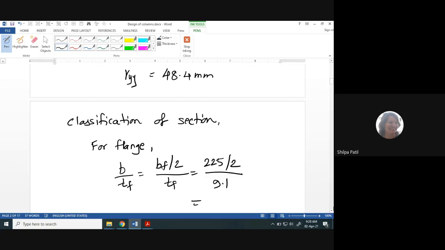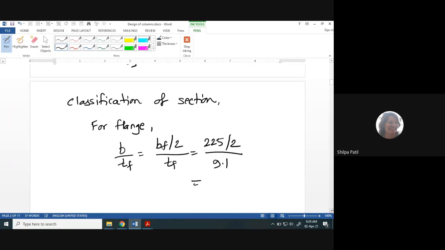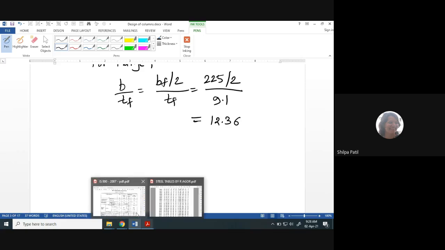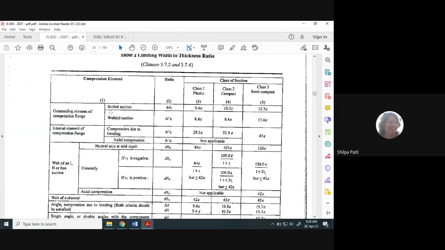So what is this value? 12.36. And what is the limiting value here in the table?